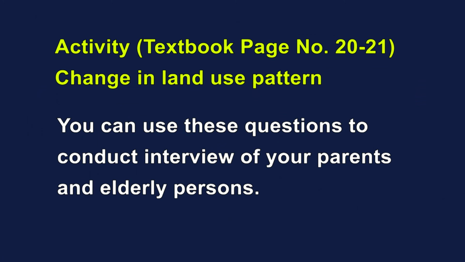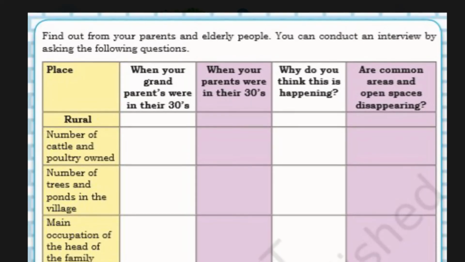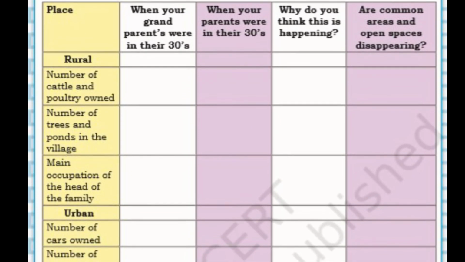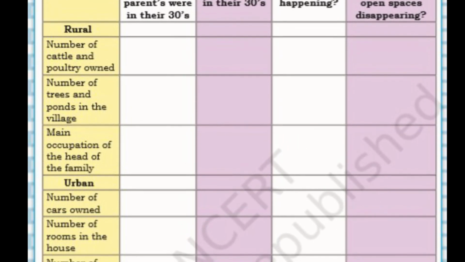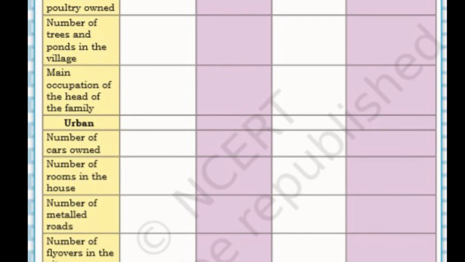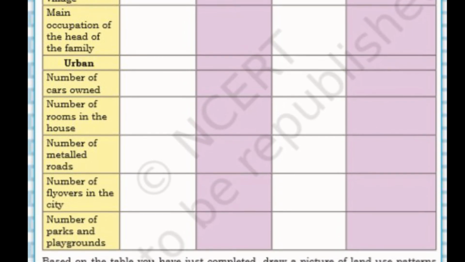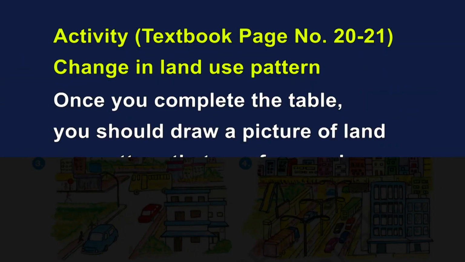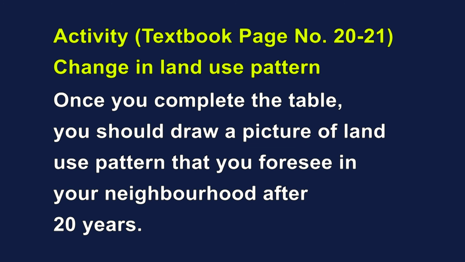You can use these questions which are shown on the screen to conduct interview of your parents and elderly persons. Once you complete the table, you should draw a picture of land use pattern that you foresee in your neighborhood after 20 years.